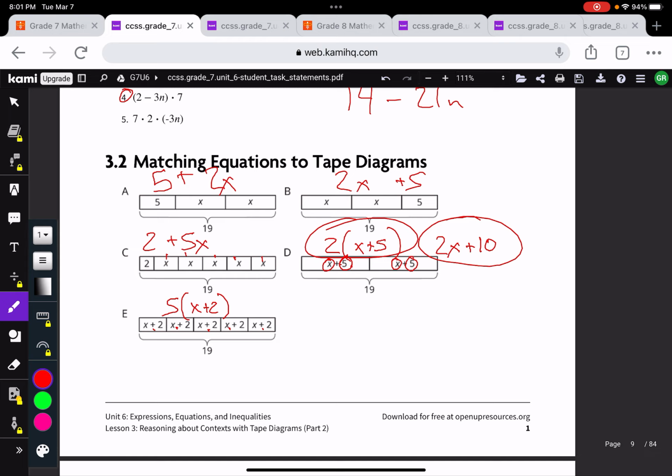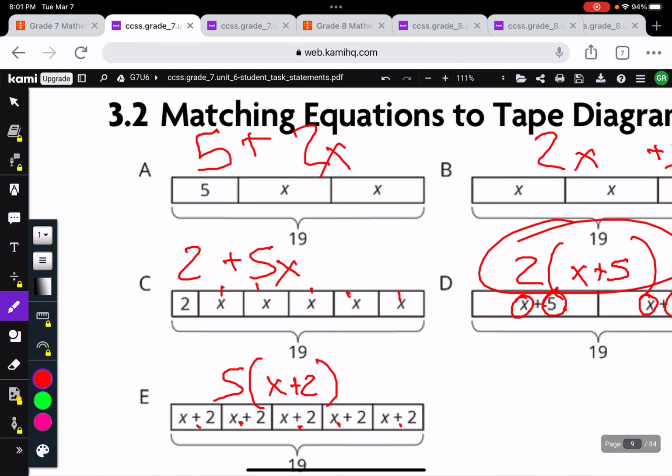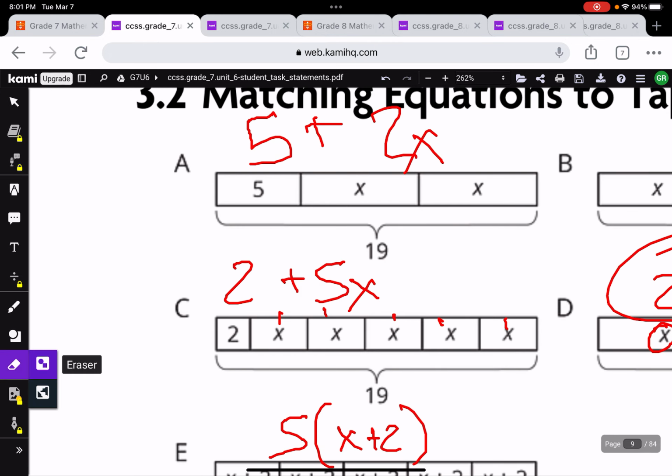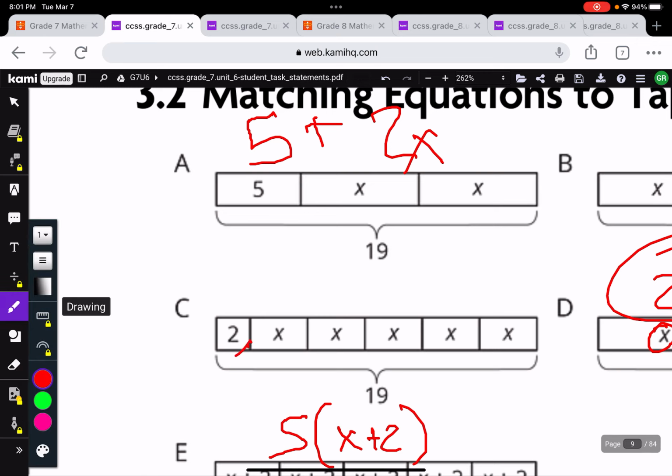And if you're looking closely, I'm going to erase some things here. Look what's happening here. If I wanted to solve this, if I said, hey, what do you think x could equal here? Well, step 1 is I'm going to get rid of this 2. And if I get rid of this 2 from there, if all of this equals 19, guess what?